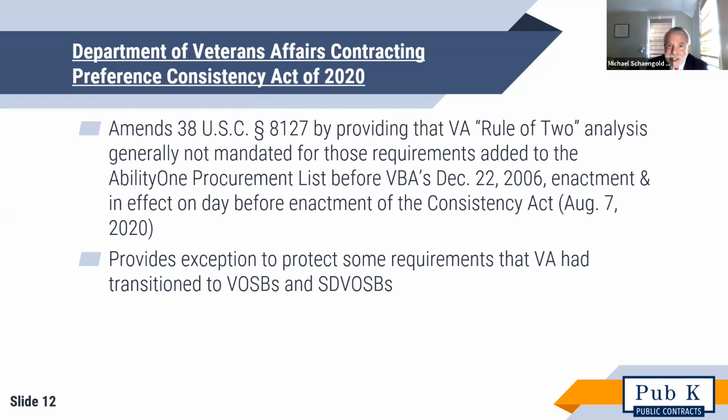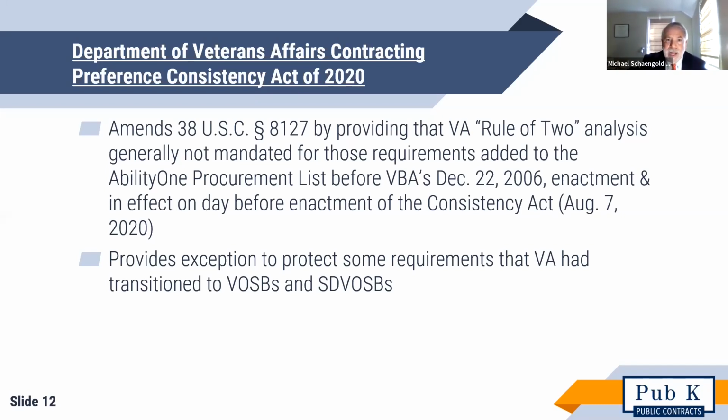The Consistency Act amends 38 U.S.C. 8127 by providing that the Rule of Two analysis generally is not mandated for those requirements added to the AbilityOne procurement list that are to be performed by the blind and severely disabled workers.